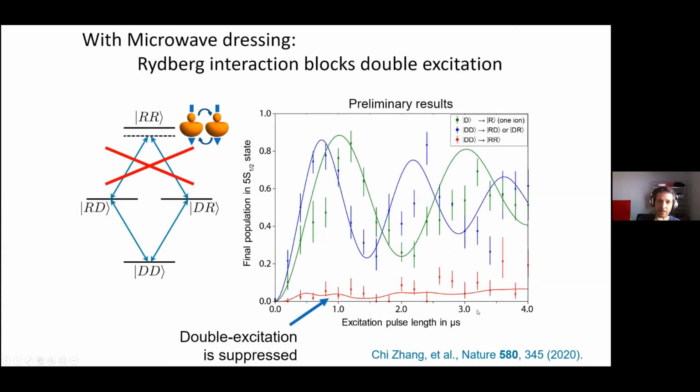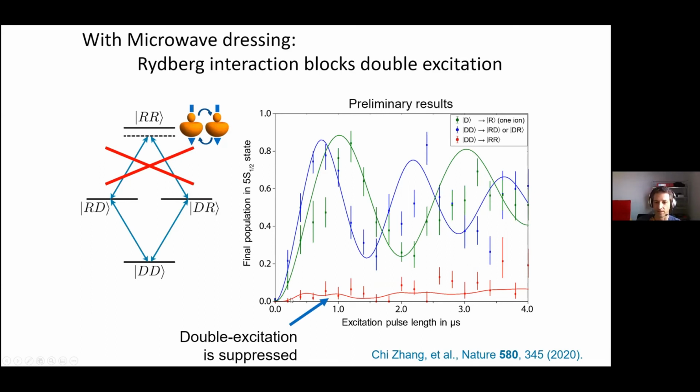On the other hand, if you now apply your microwave field and you excite to the dressed Rydberg levels, you will expect that the two oscillating dipoles interact with each other. You have a Rydberg-Rydberg interaction, and due to that, you cannot excite both ions at the same time into the Rydberg state.